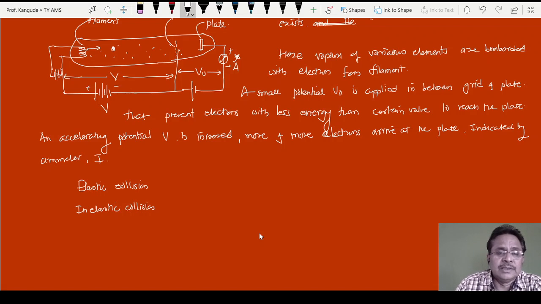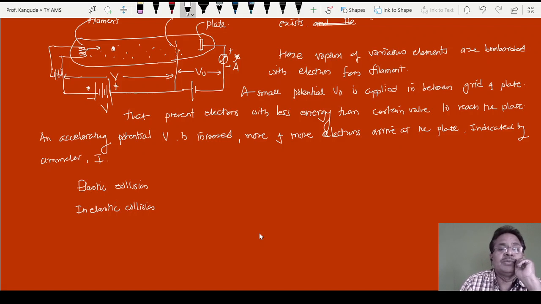Actually, I have drawn this wrongly, so let me make a small change in the diagram. This side is negative and this side is positive. The electrons won't accelerate unless the grid and the plate are both made positive as compared to the filament.